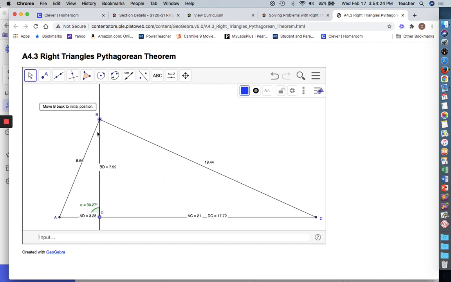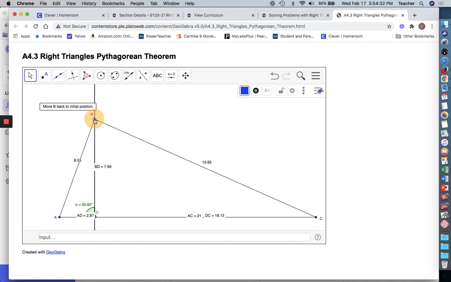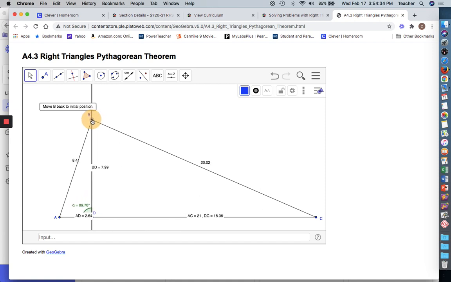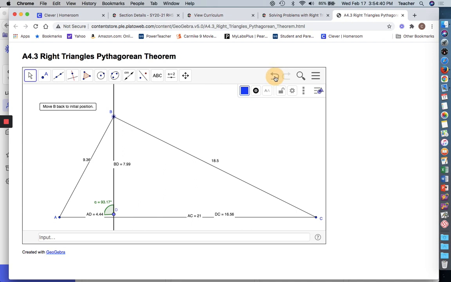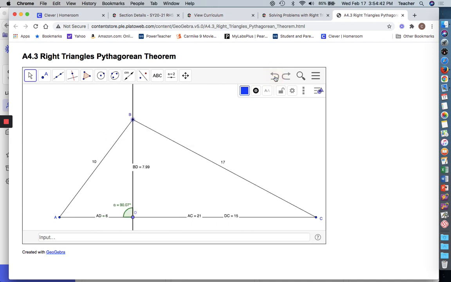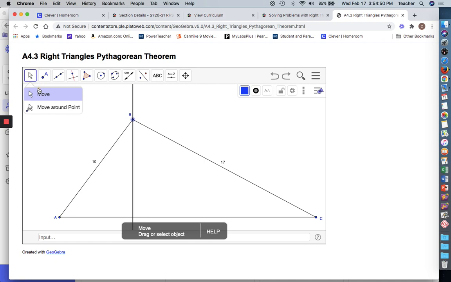That makes a difference. Let me move this back to 90. I might have to redo it, aren't I? That needs to be black, not blue.